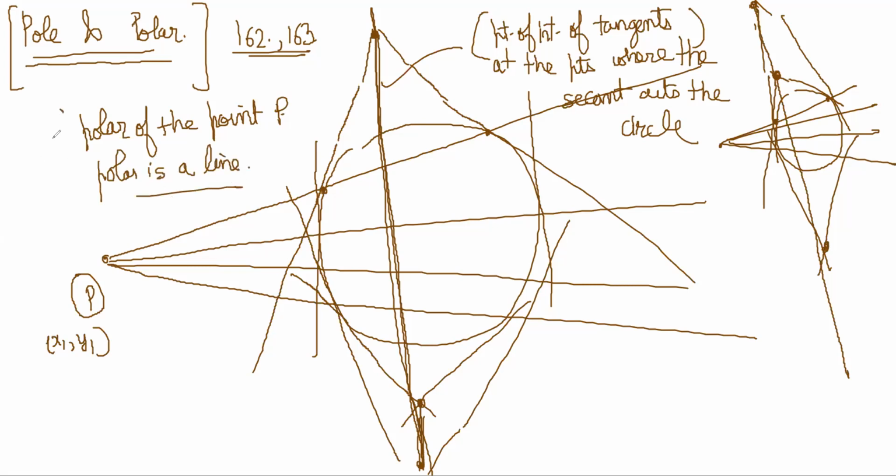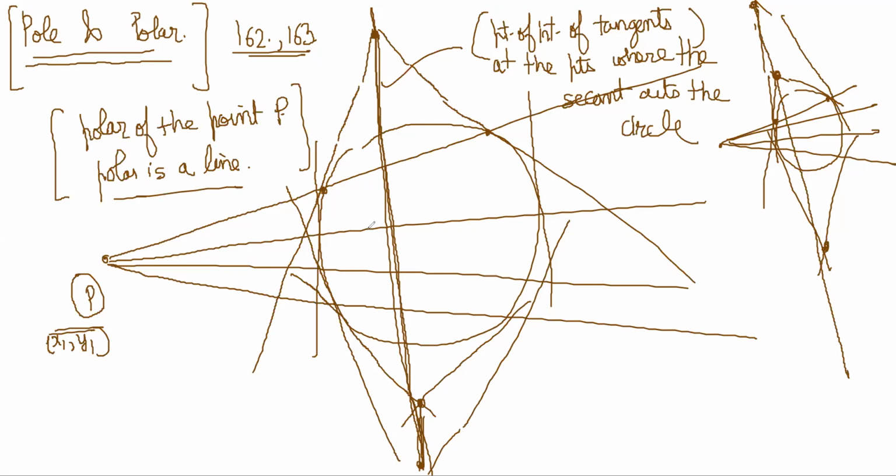So you took a point P, and from there you drew many secants, and secants cut the circle at two points each. At each of those two points, you drew tangents, and the tangents intersected at some point, right? There are infinite secants, so infinite points of intersection of the tangents, and those points happen to lie on a straight line. That straight line is called the polar of the point P. And polar is basically a line, right?